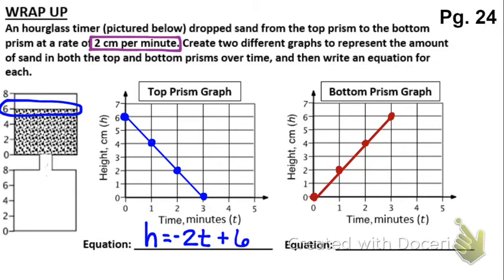What does this equation look like then? 2t plus 0. What would it be equal to? Equal to h. Is that equation correct? Can you give me another correct way to write it? h equals 2t.